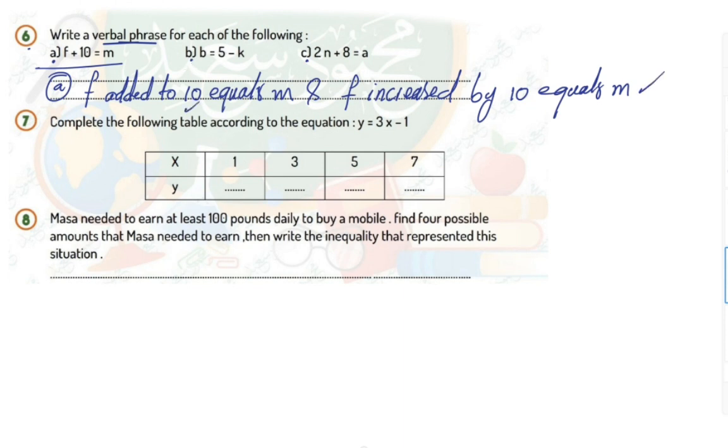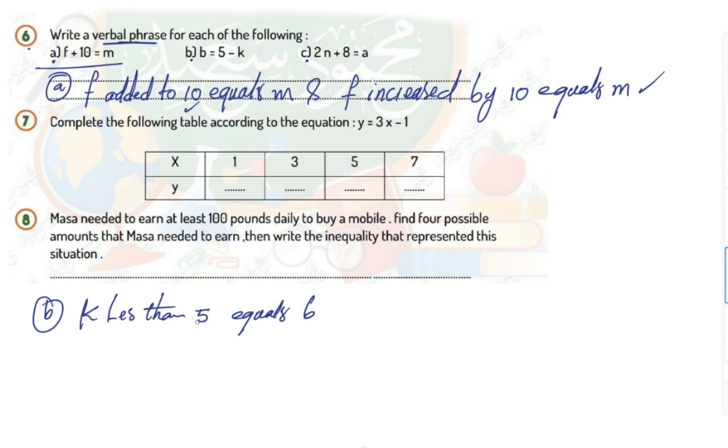Point B. B equals 5 minus K. How to write it? I can write 5 minus K as 5 minus K equals B, or B equals 5 minus K. Or can you use a verbal phrase? I can say that K less than 5 equals B. That's right.